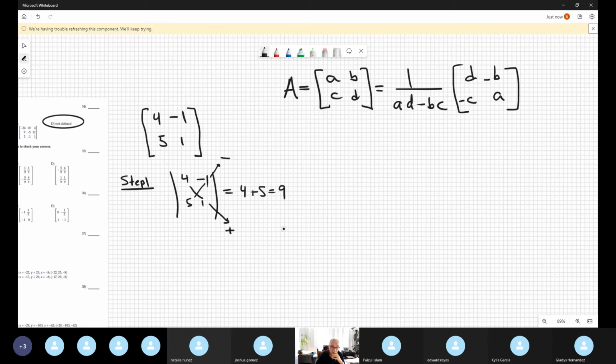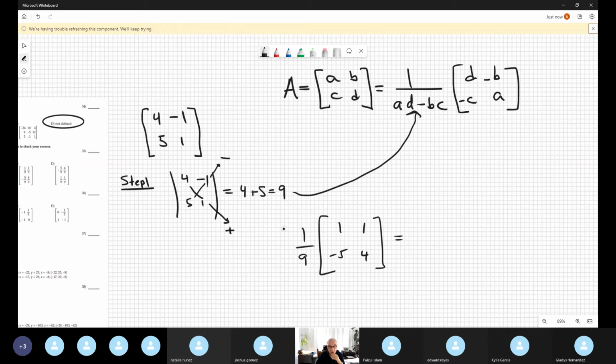Now, I discovered that 9 is this number. Actually, my inverse would be 1 over 9, and you copy 1, 4 here, and you copy 1, -5. You see that? Okay, 1 and 4 interchange. 1 and 5 stay the same, but change the sign.